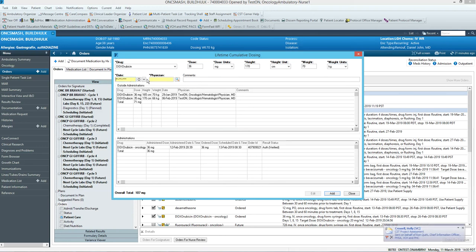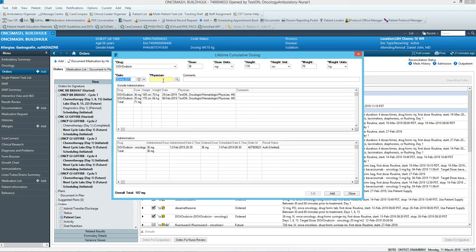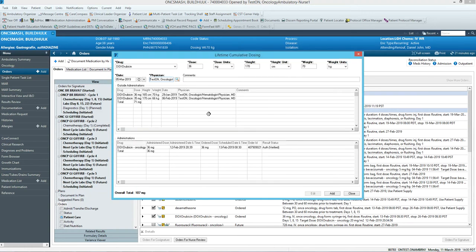I could backdate which date it was that the patient had this dose and fill in who the physician is that they are under at the site. As this will reflect only the milligrams, I may want to add in the comments what the milligrams per meter squared was used at that time to calculate this dose.